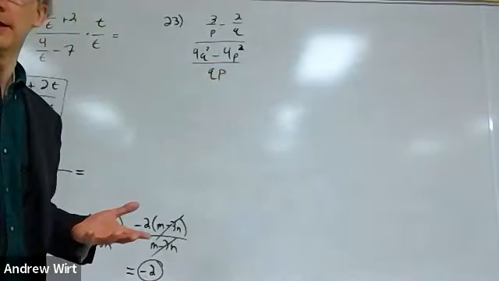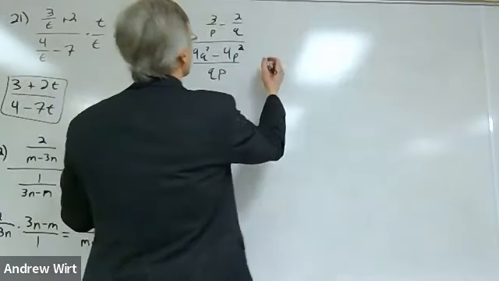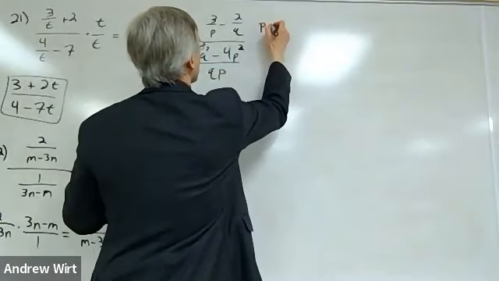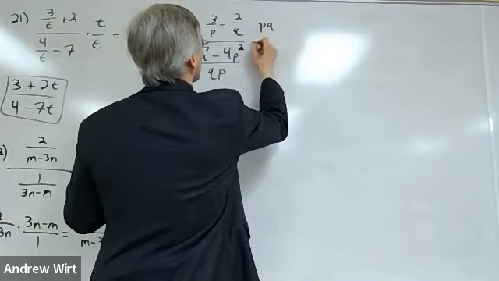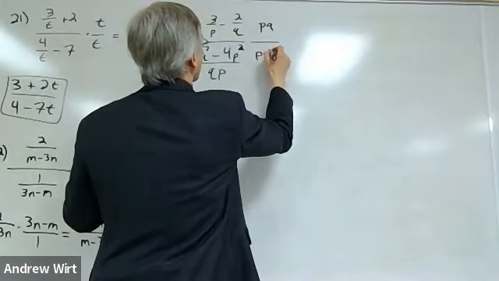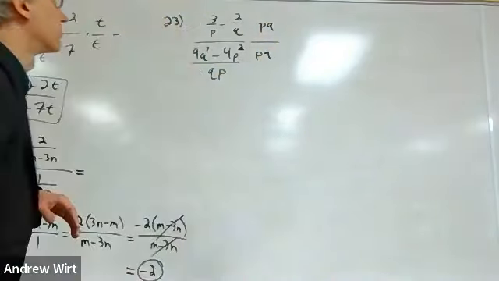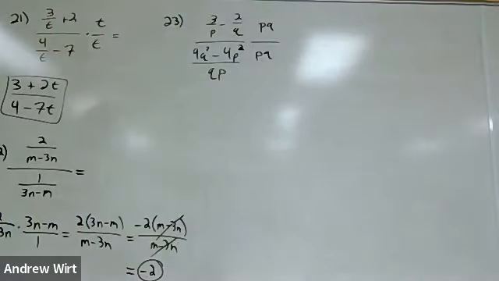So that makes the LCD p times q. So we're going to multiply this fraction by pq over pq.